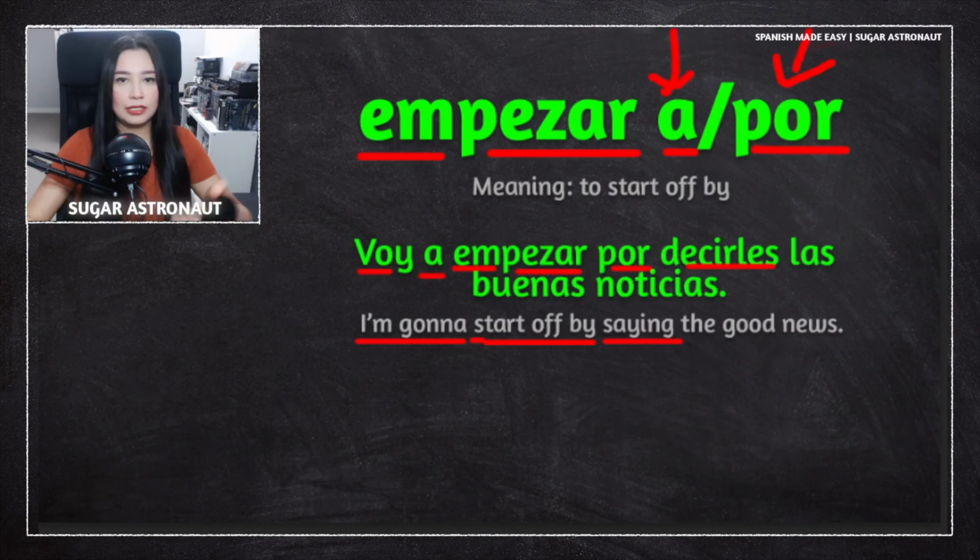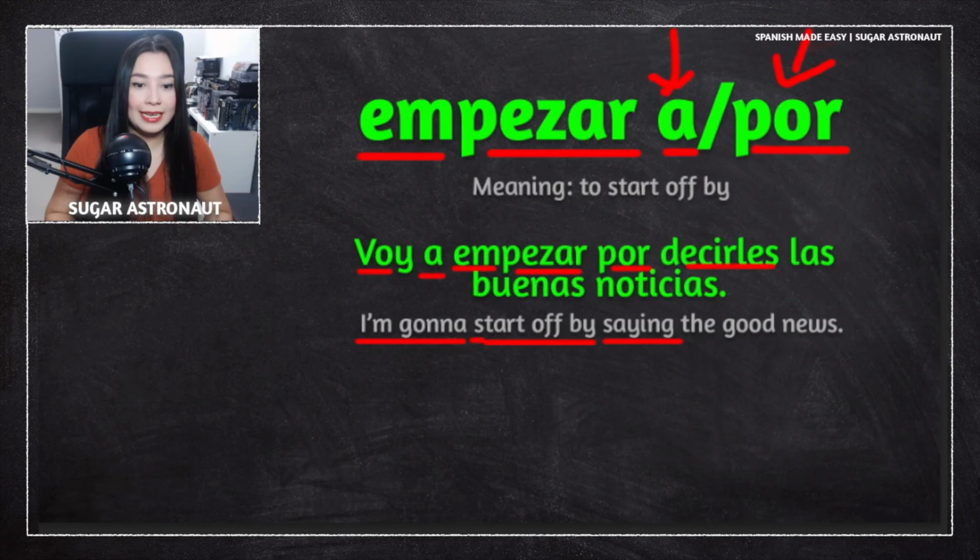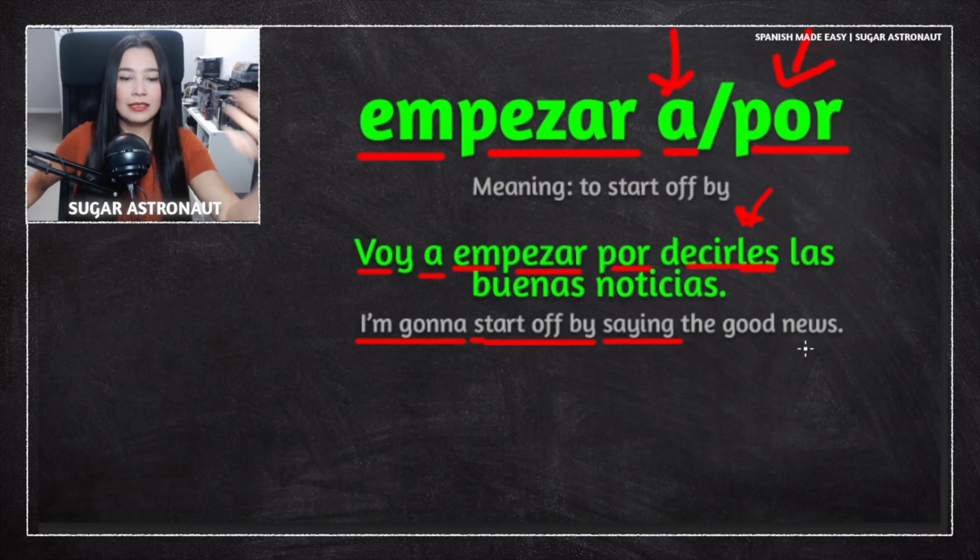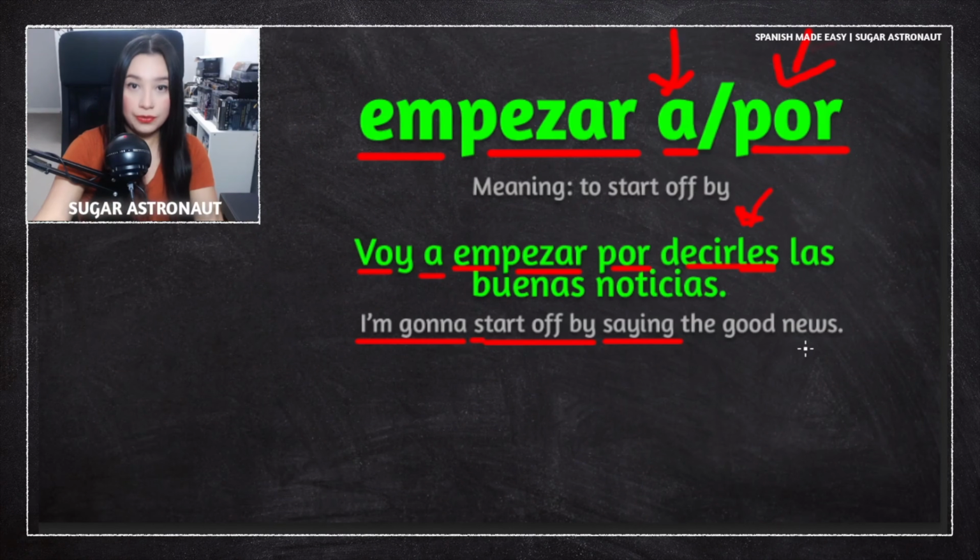I know the literal translation of saying is diciendo, but when you use empezar por, the conjugation, if you want to use a second verb, is quite different. Decirles. So you have to add the pronoun les, okay? Les, or if you're saying this to one person, decirte, okay? Decirles is you're saying something to a group of people. Decirles, okay? Decirte is to say to you something.